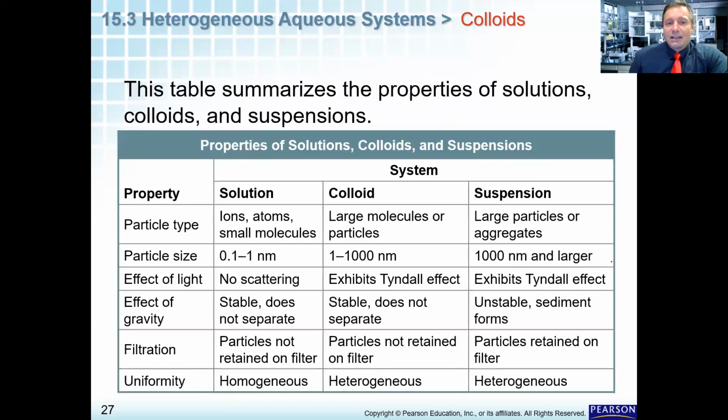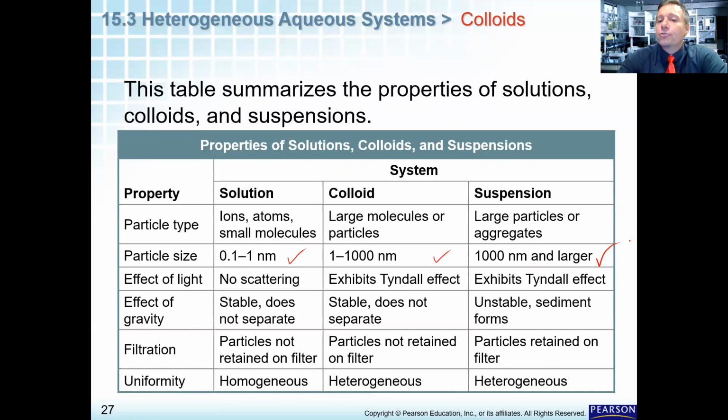So here is a nice little scale. It has a solution, colloid, and suspension. This is the key note right here. Very important to understand that. And then we talked about the size, about 1 nanometer or less for a solution. A colloid is between 1 and 1,000 nanometers, and a suspension is 1,000 nanometers or larger. So when you talk about Tyndall effect, solutions have none, but colloids and suspensions have a Tyndall effect.